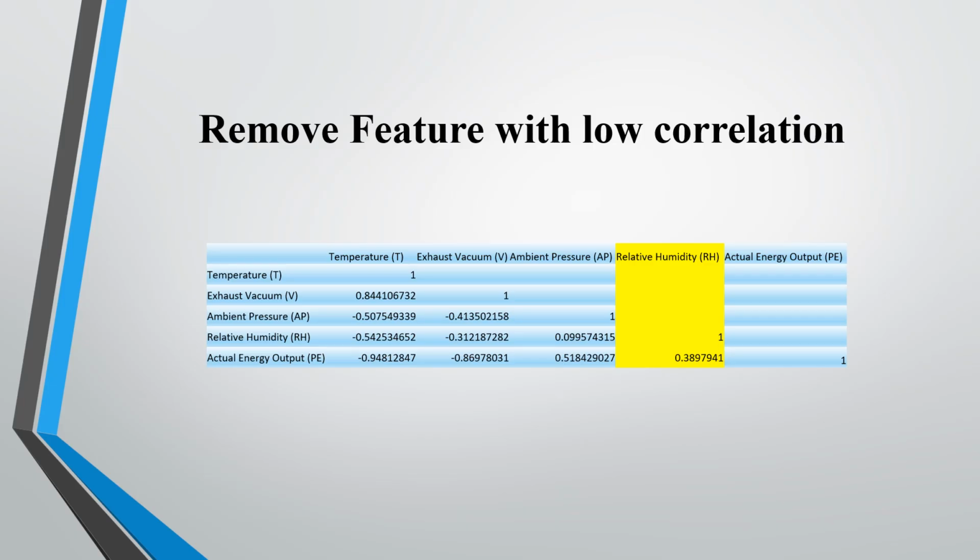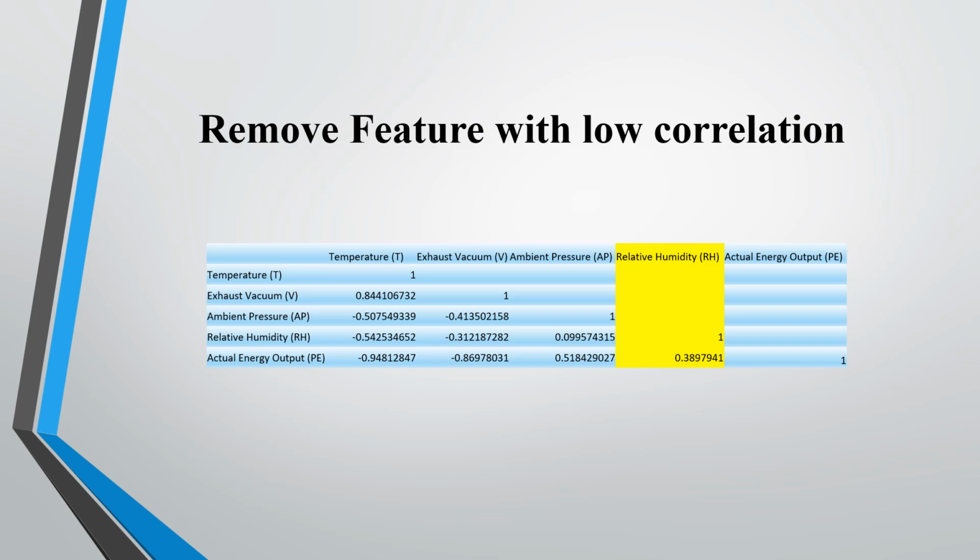After doing that, I tested the correlation of all the features to determine if all of them were necessary, and relative humidity showed that it wasn't highly correlated to actual energy output.